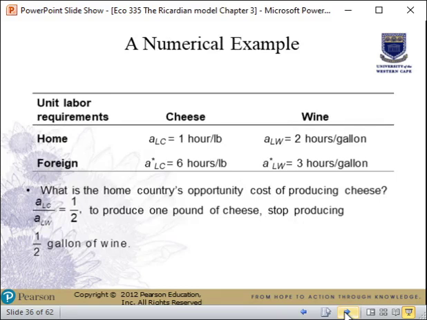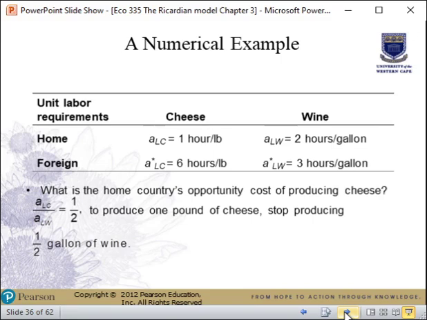Let us use an example to clarify the indirect method of production. The table below illustrates the unit labor requirement for cheese and wine in a home and in the foreign country.